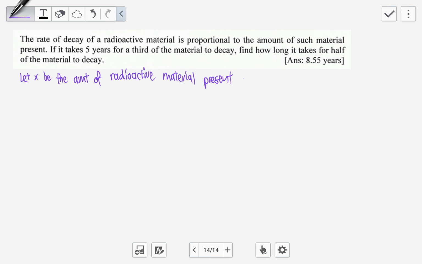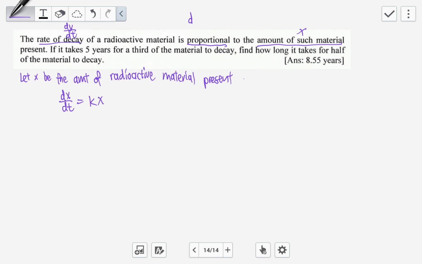Alright, so the rate of decay, that means they're saying the rate dx/dt, is proportional, so k, to the amount of such material. Again, we have defined it to be x.